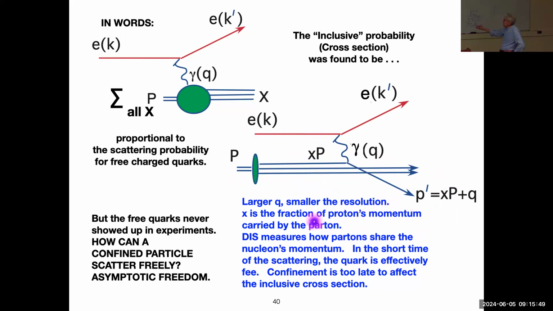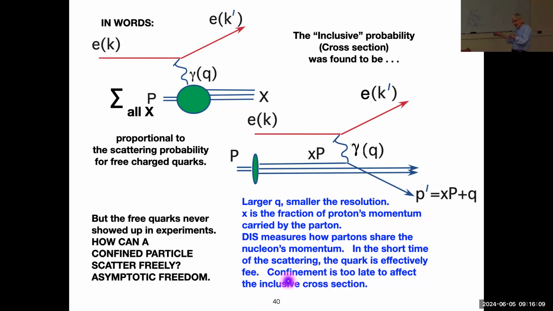So X is the fraction of the proton's momentum carried by the parton. DIS measures how partons share the nucleon's momentum. In the short time of the scattering, the quark is effectively free. But then lots of things happen.